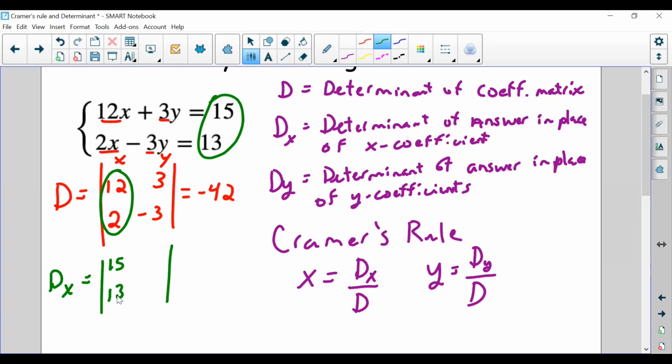My second column is still my y's, so that doesn't change. So I just replace, because this one says you put the answer in place of the x coefficients. So I have 15, 3, 13, negative 3, and then I find the determinant of that. Negative what? Negative 84.